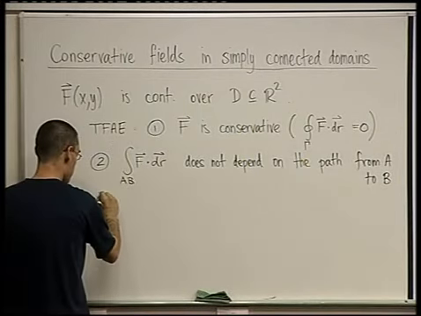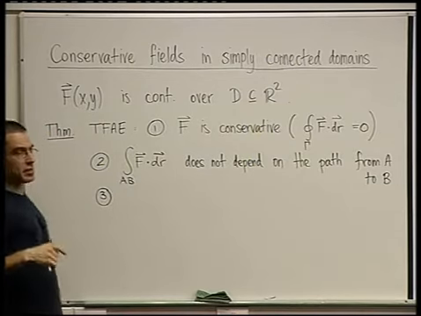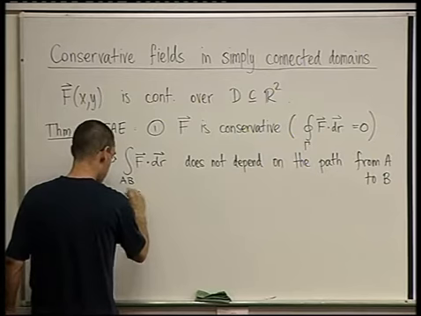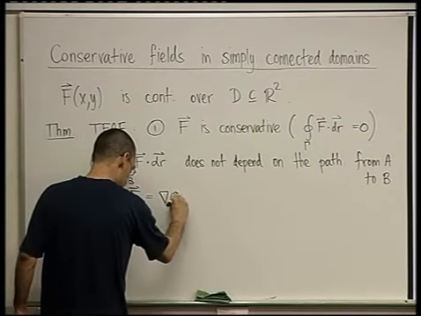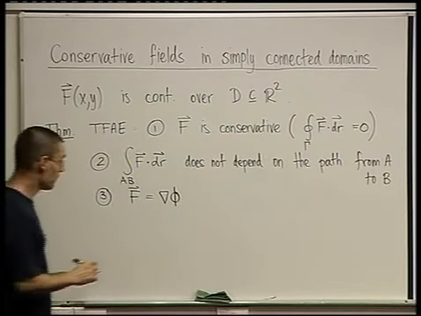And the third equivalent property was that F has a scalar potential. So F is the gradient of some scalar function, which we denoted phi.